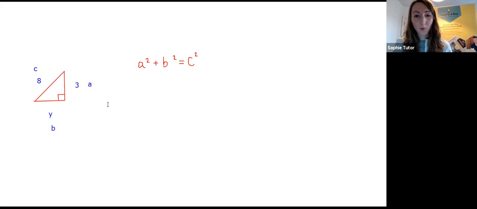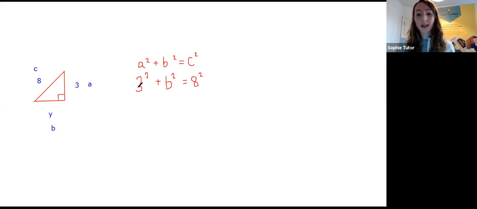So now we're just going to substitute those numbers in. So A squared is 3 squared plus B, but remember, we don't know what B is, so we'll just pop B in, which equals C squared, which is my 8 squared. Now here, you'll notice I've got my unknown, or my B, on that left-hand side, and I want to find what that is.